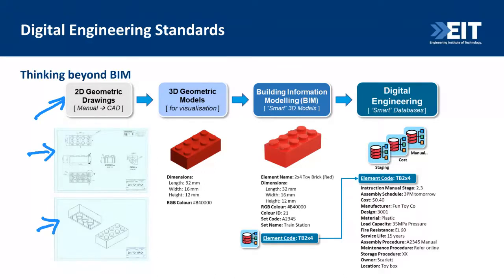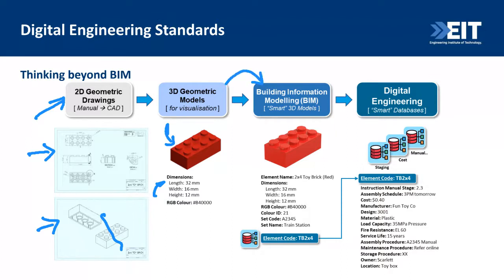We have some 3D models or 3D views, and in some cases cross sections and something like that. But by the way, we developed the systems, and in the next step we come to visualization, with 3D software and 3D geometric modeling. So we have the 3D model, and the model has some attributes like the dimensions and also the color.